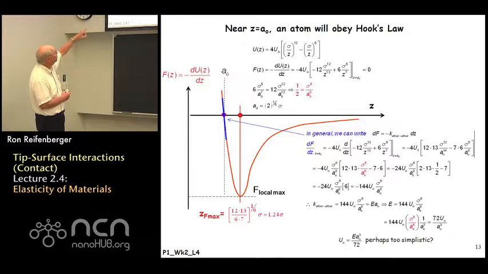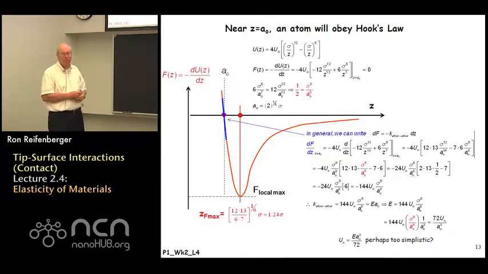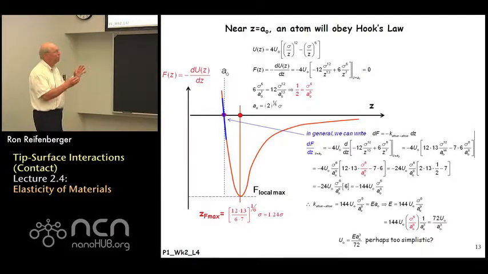Well, one way to do it is to realize that in equilibrium, the atoms behave as a spring system. So if you apply a force dF, there's going to be a deformation dz, and the proportionality constant between the applied force and the resulting deformation, to a good approximation, is just going to be the spring constant that we've just calculated.